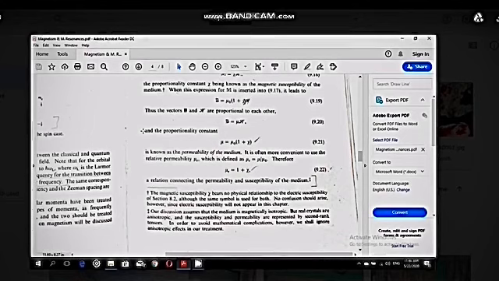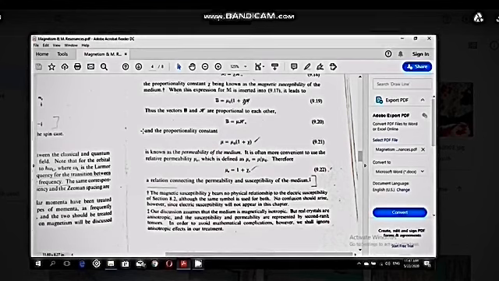It is often more convenient to use the relative permeability denoted by mu r, which is defined as mu r equals mu over mu naught, a ratio of the permeability of that medium to the permeability of free space, and therefore mu r, comparing this with equation 9.21, comes out to be 1 plus chi.